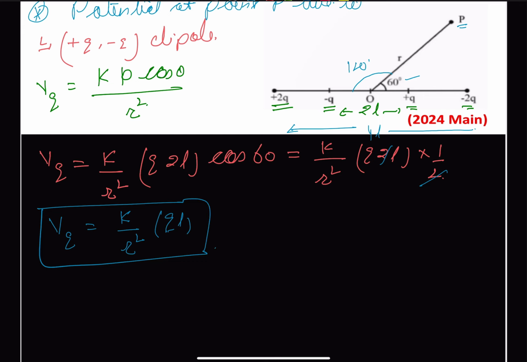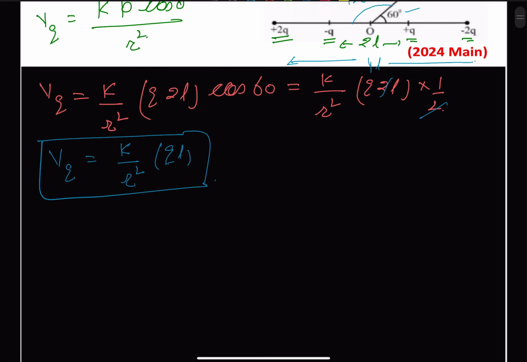Similarly, we can find out because of the dipole that is plus 2Q and minus 2Q, and let us call that V2Q, and that will be equal to the same formula.